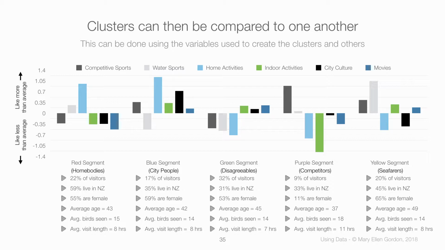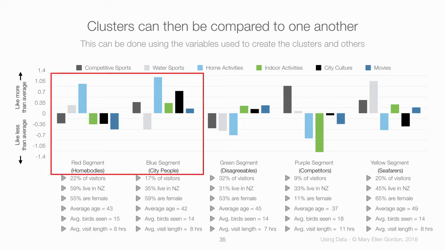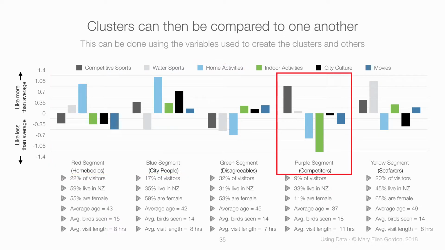So for example, both of these segments, those who are shown in red and blue in our previous visualizations, are much more interested than members of the other clusters in home activities. Whereas if we look over here at those who were shown previously in purple, they're more interested in competitive sports than members of the other clusters or segments are.